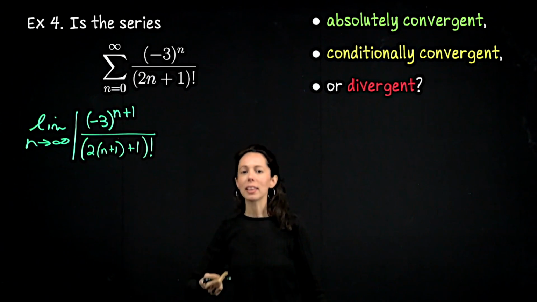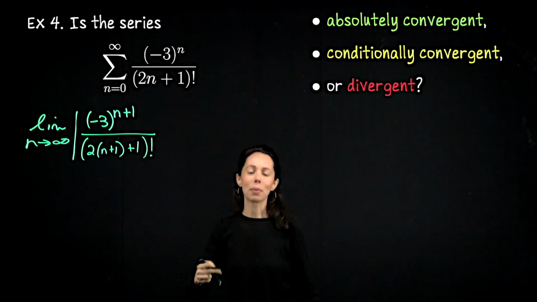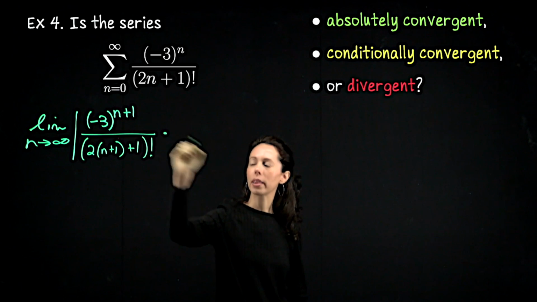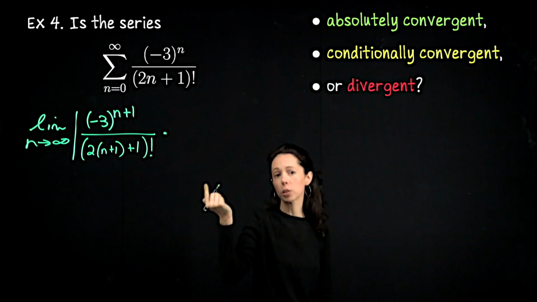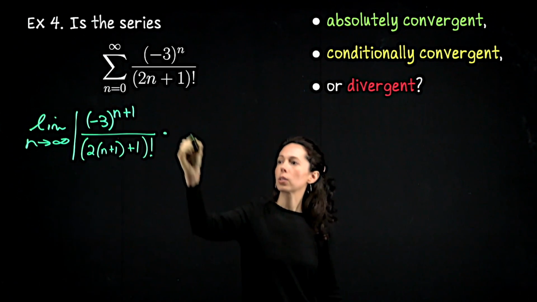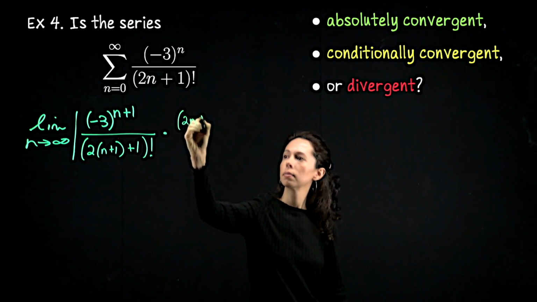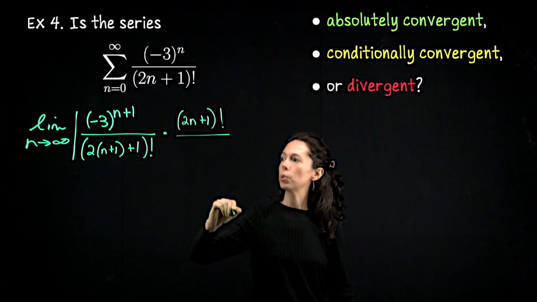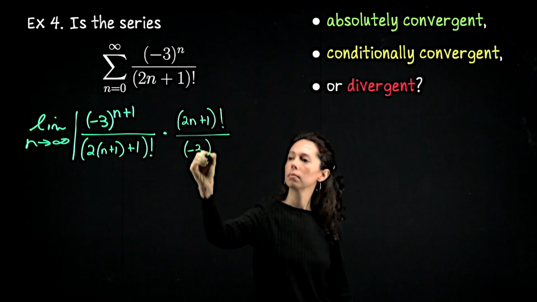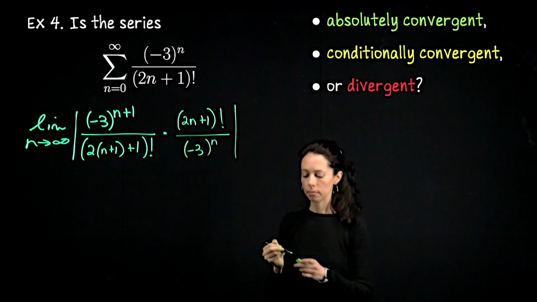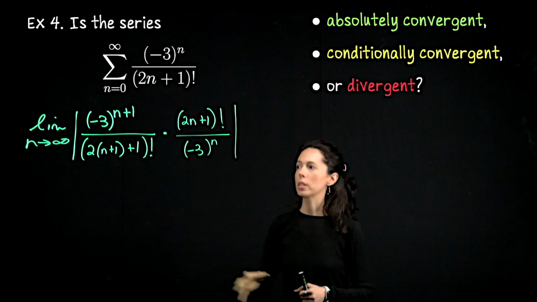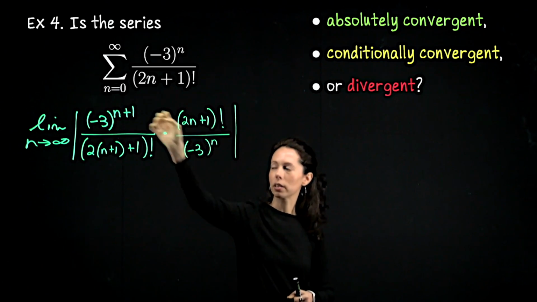I need to divide this by the nth term, but as I just said in the previous example, I'm not going to write some massive fraction. I'm going to multiply by the reciprocal of the original expression, the nth term. So that's going to look like 2n plus 1 factorial divided by -3 to the n. Okay. We need to pair up like terms. So again, it's going to be the -3 raised to powers.